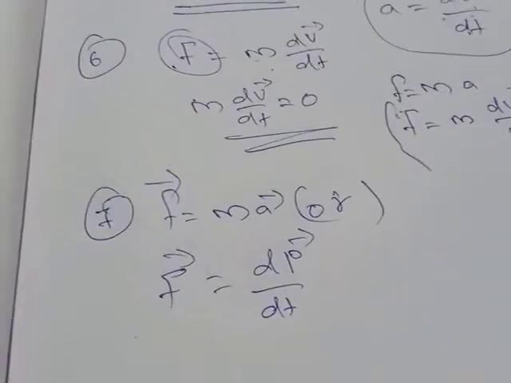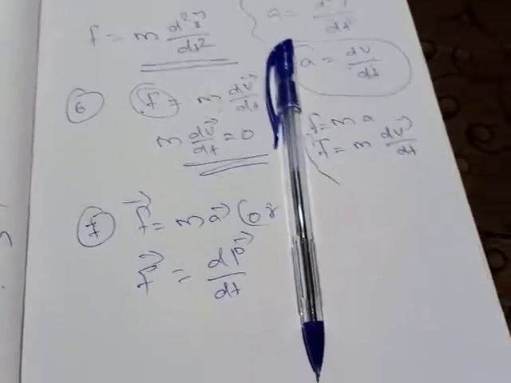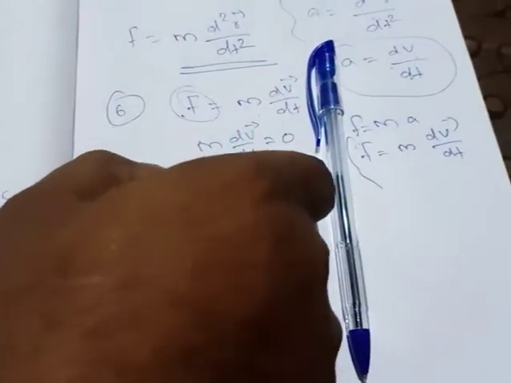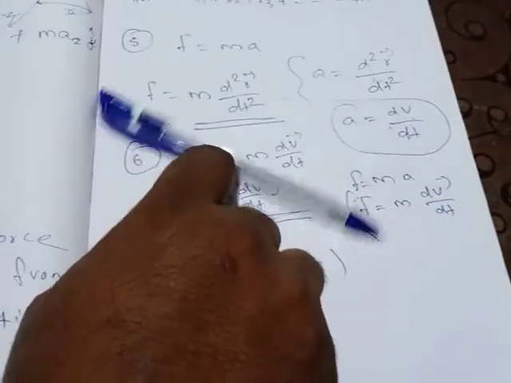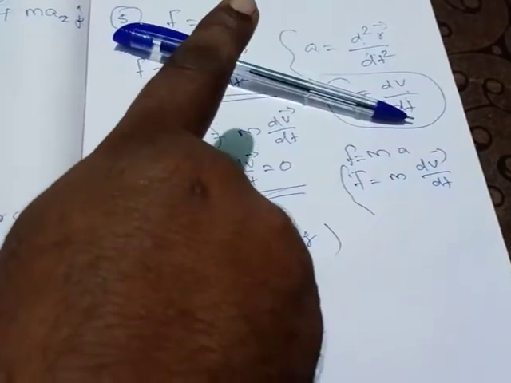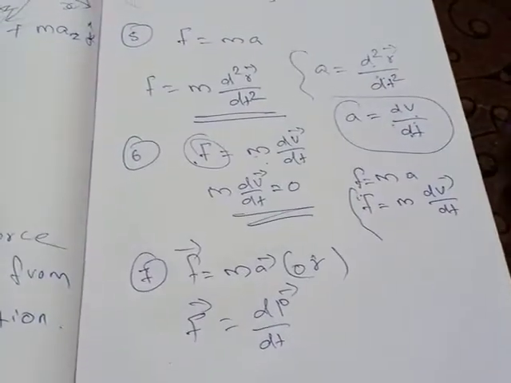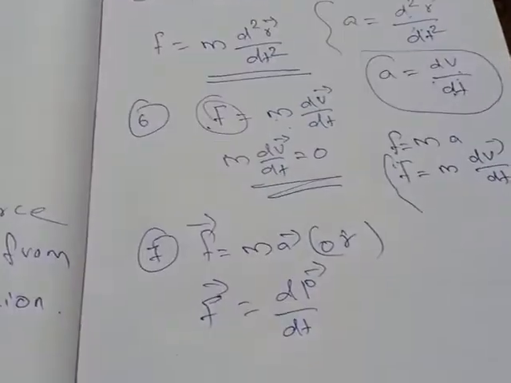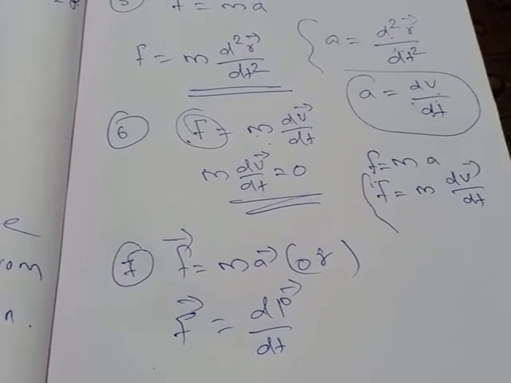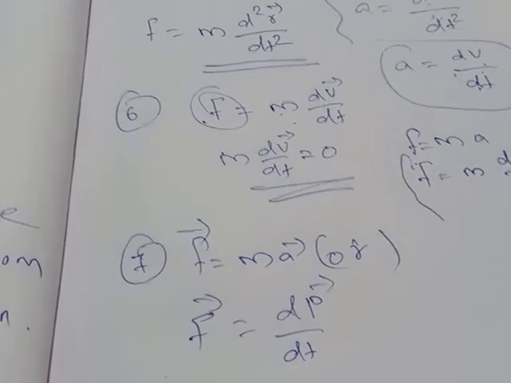Cause and effect means, assume one object is there and I am applying a force on this object. This force is the cause, and it is moving, so this acceleration is the effect. That is the last point. Newton's second law is a cause and effect relation. Force is the cause and acceleration is the effect.